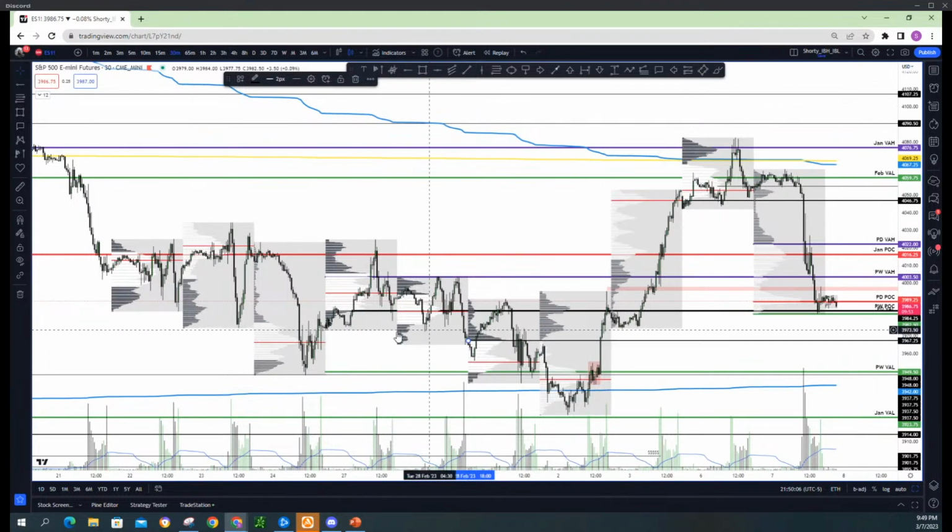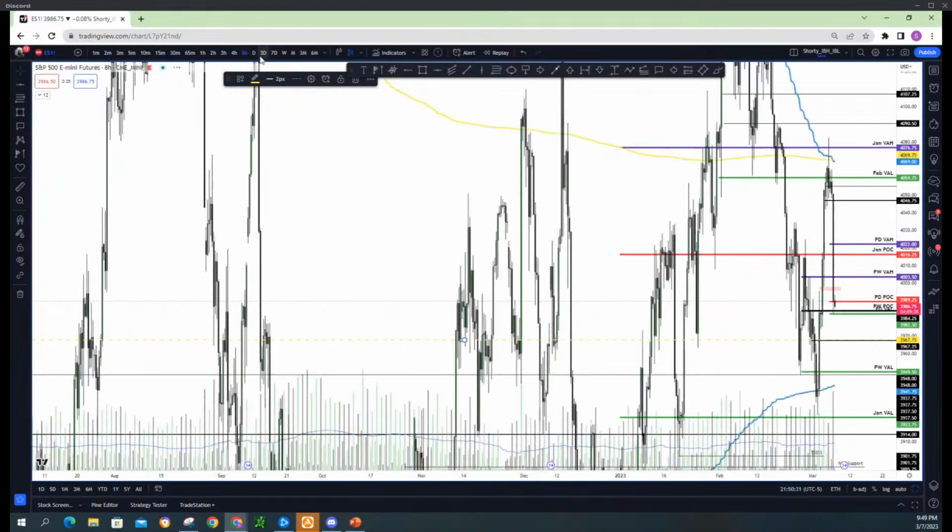Yeah, this level carries some weight. This is a POC from February 23rd. The 2022 POC, you mean? Well, the 2022, but you also have a most recent one, February 23rd. Its POC is right around that area, 3966. If I was to draw a line here, let me draw a horizontal line and kind of back off of it.